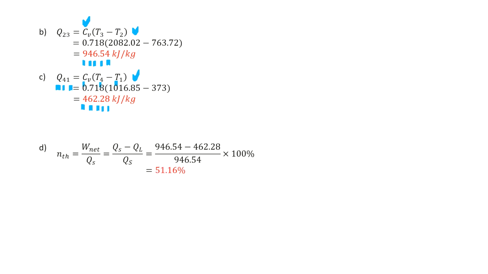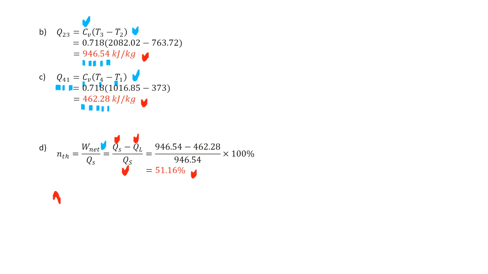Then once you know heat supply and heat rejected, we know that net work is actually equal to heat supply minus heat rejected based on the engine cycle, divided by your required input, that is your heat supply. So just put in whatever you have found here into the formula, then you can find out your thermal efficiency.